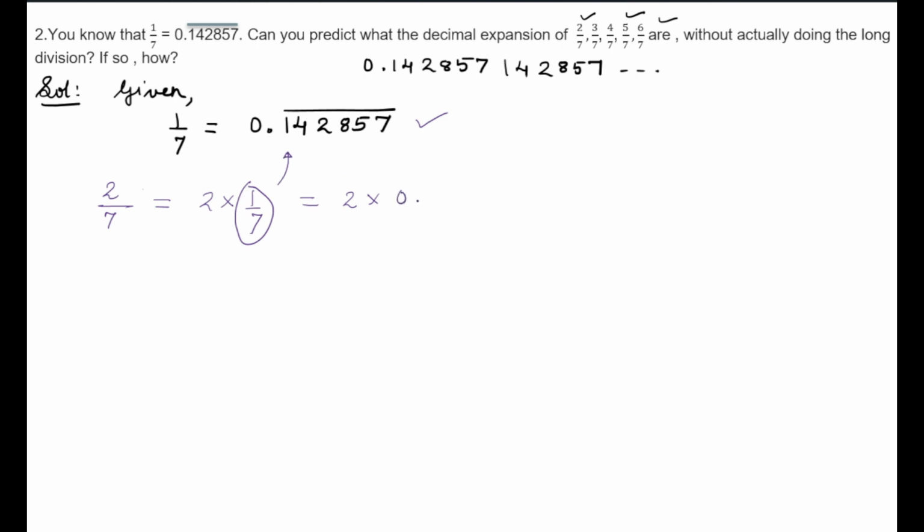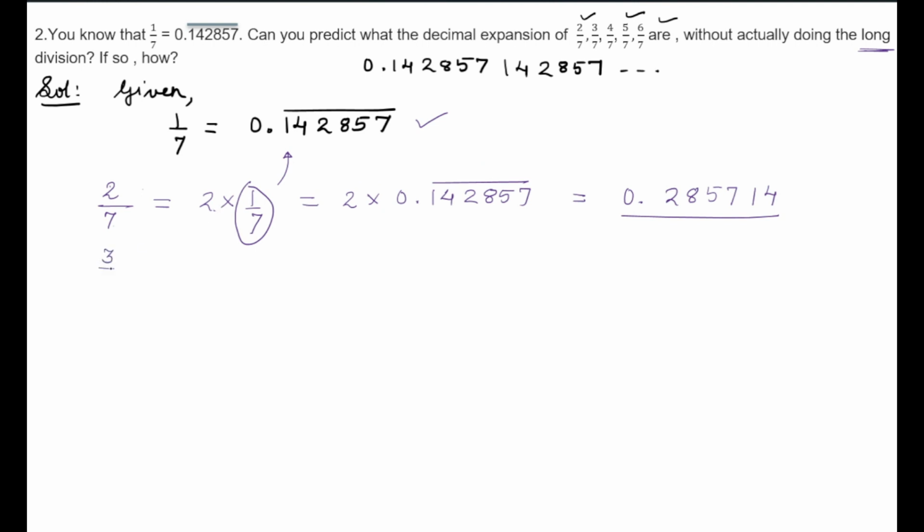It is 0.142857 bar. Now just multiply 2 with this entire number. On multiplying 2 with that entire number, you would get something like 0.285714, right? So 2 upon 7 is equal to this whole value. So we did not do actual division. We just multiplied the value of 1 by 7 with 2.